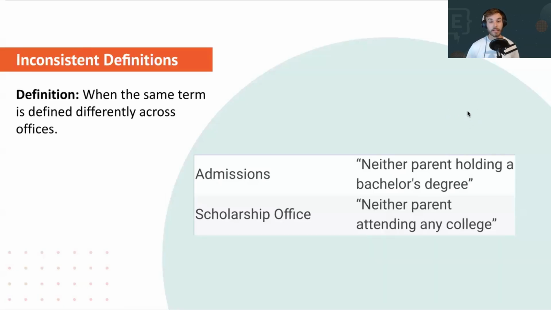But the problem here that we're seeing is for admissions, a first generation student is a student that neither parent holds a bachelor's degree. So they could potentially hold an associate's degree. They could potentially have gone to college for multiple years and just never attained a degree. The scholarship office is looking for neither parent has ever attended college.